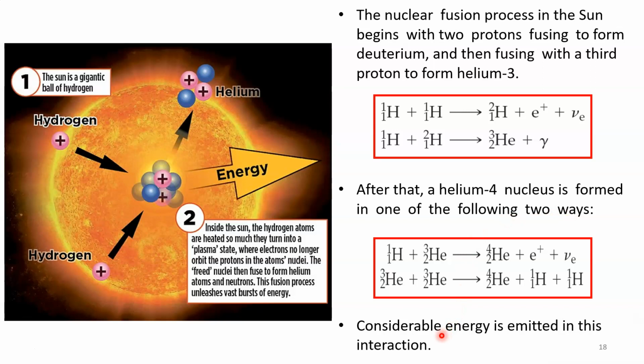Considerable energy is emitted in this interaction. But the fusion technology is still not a reality, so we are still in the research stage to make fusion a reality in the future.